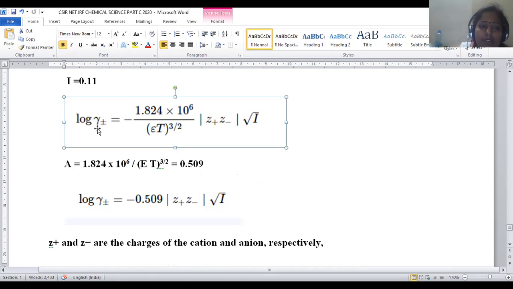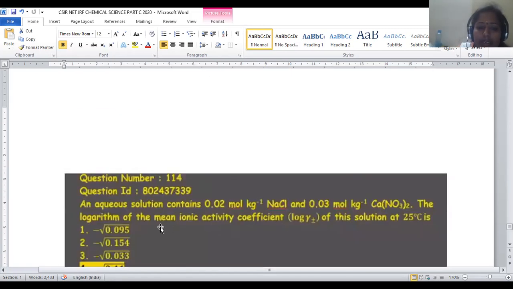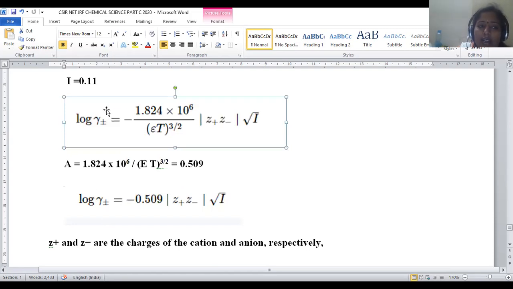The formula for this is log gamma plus or minus. What is log gamma plus or minus? Mean ionic activity coefficient. Log gamma plus or minus is equal to minus 1.824 into 10 to the power 6 by epsilon T whole to the power 3 by 2 mod Z plus and Z minus under root I, right?